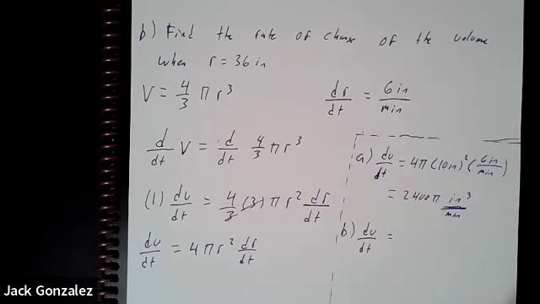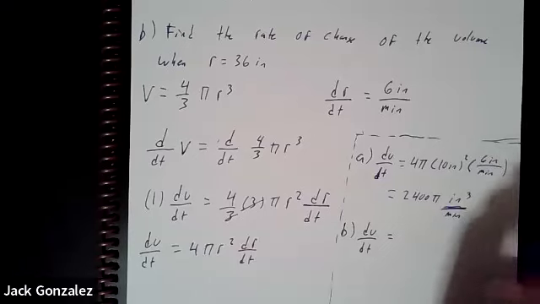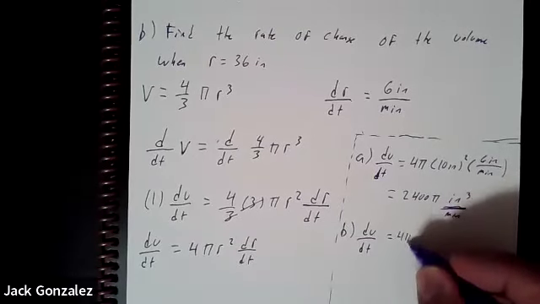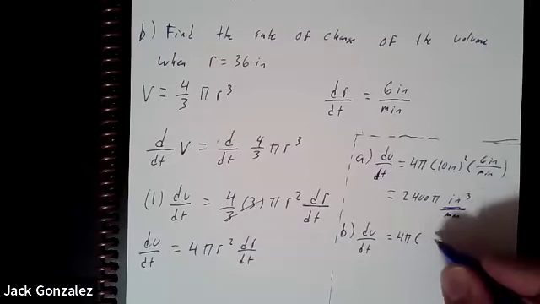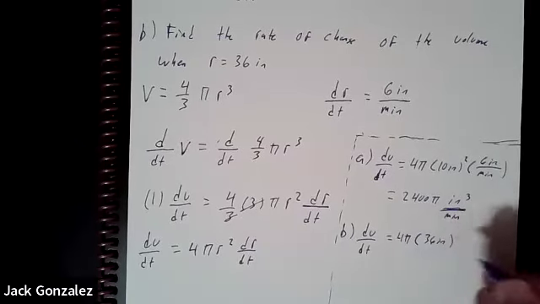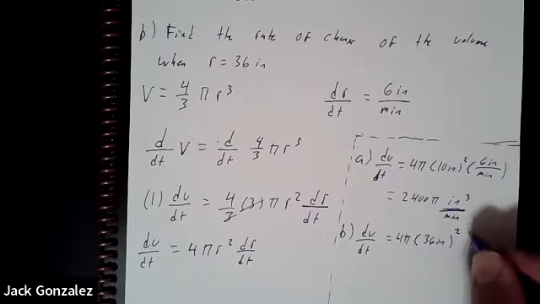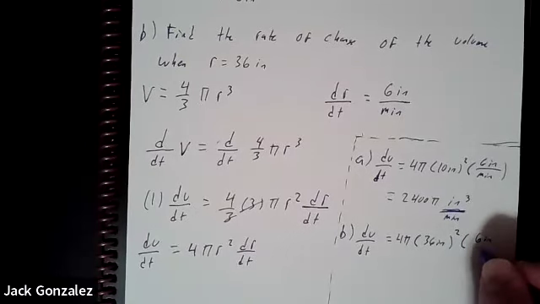Now, if we change the radius, we will get 4 pi times 36 squared times 6 inches per minute.